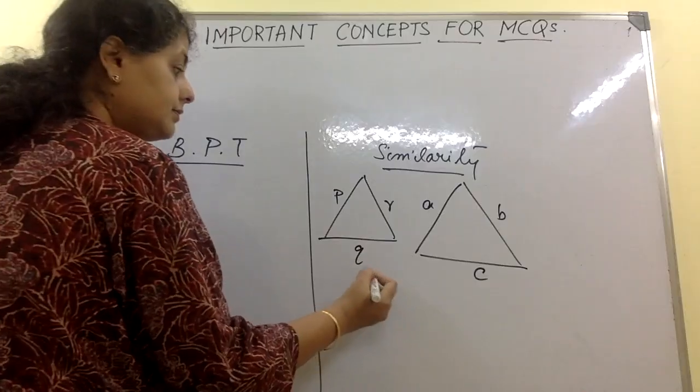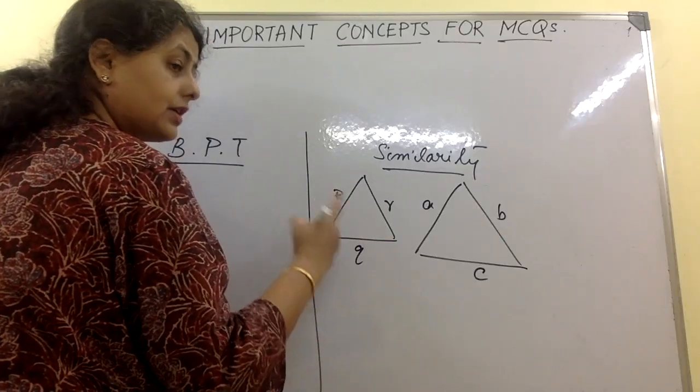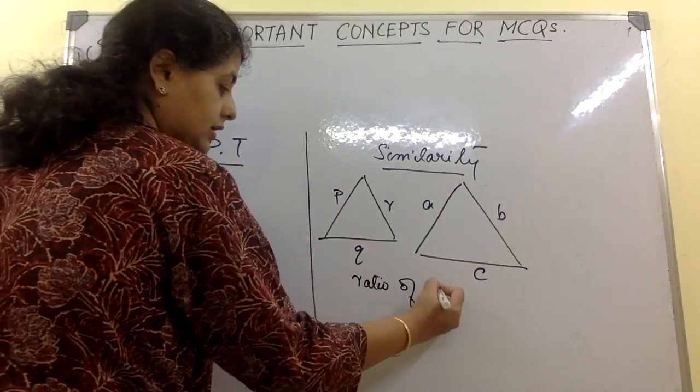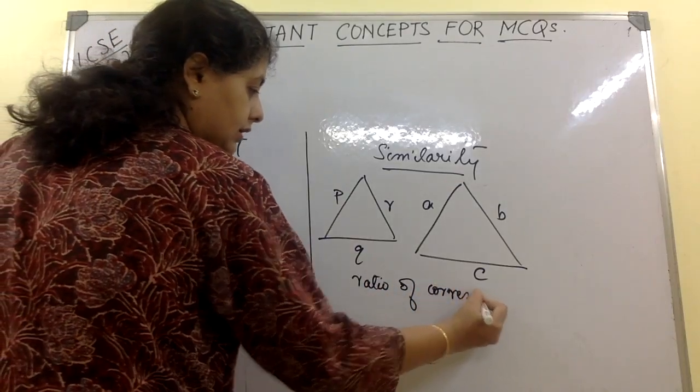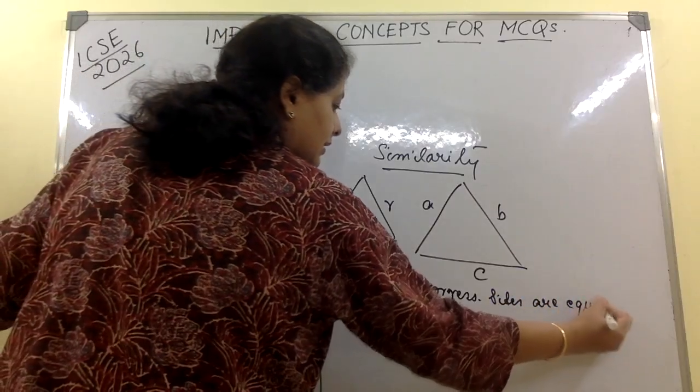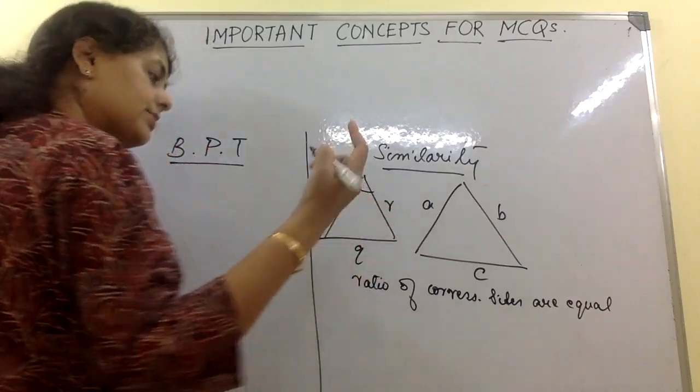One is the ratio of the corresponding sides are equal, and the corresponding angles are equal.